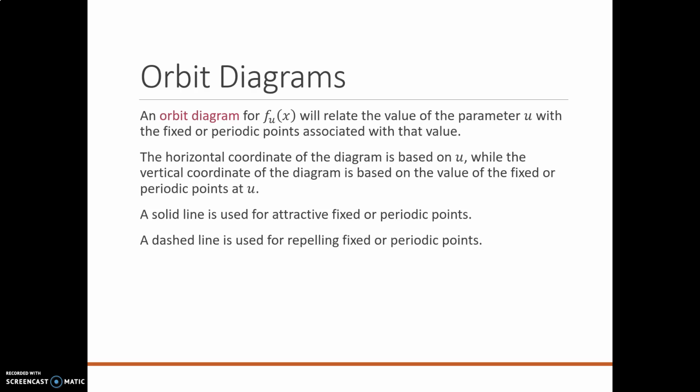However, whenever we use tracers in GeoGebra, we don't have the ability to change these to dashed lines. Therefore, we change our code. In this case, for our diagrams, we'll be using blue for attractive fixed or periodic points. We'll be using red for repelling fixed or periodic points.